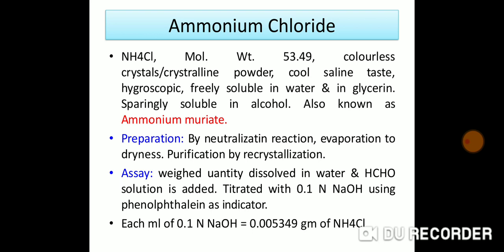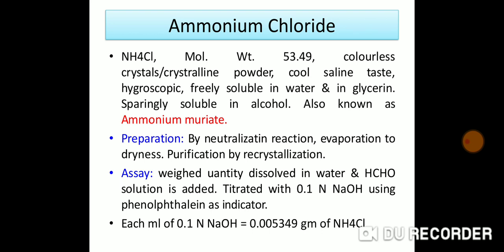Preparation. Ammonium chloride can be prepared by neutralization reaction, evaporation to dryness and purification by recrystallization. Assay: weigh a given specific quantity and dissolve it in water. HCHO solution is added. HCHO is formaldehyde solution. Titrate with 0.1 normal sodium hydroxide using phenolphthalein as an indicator.